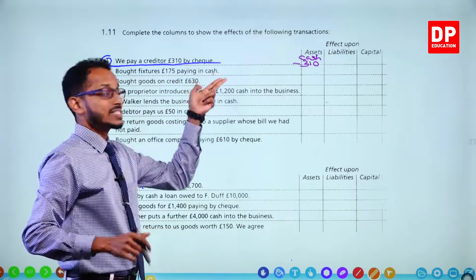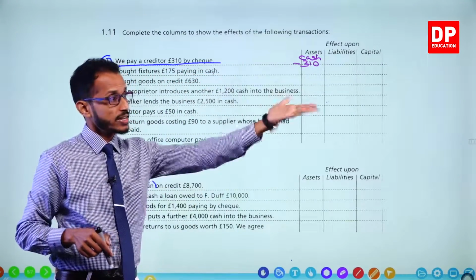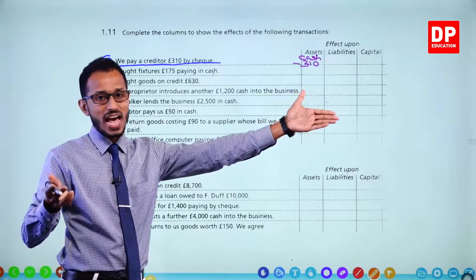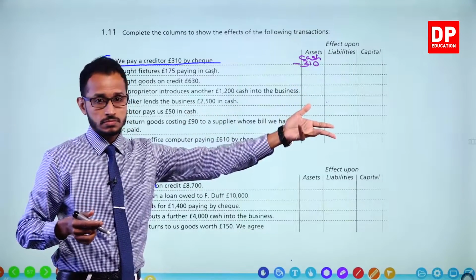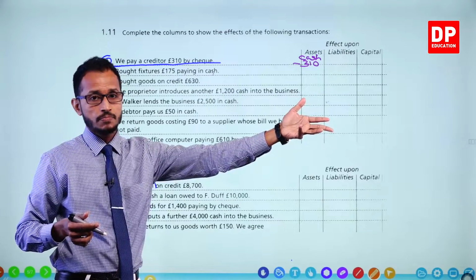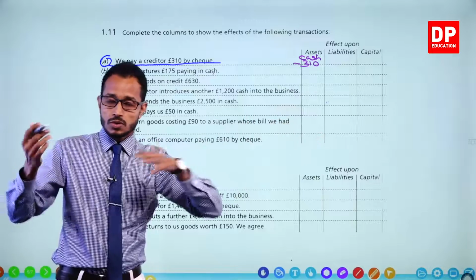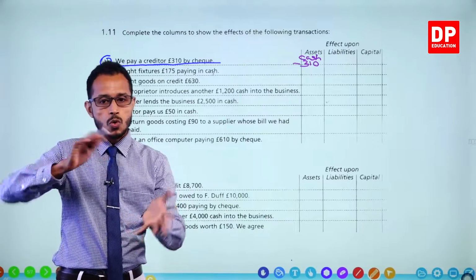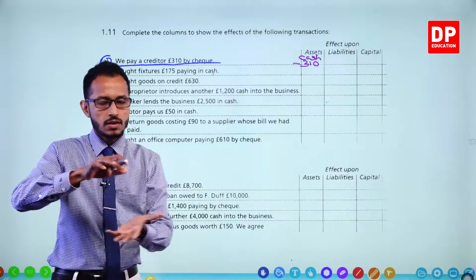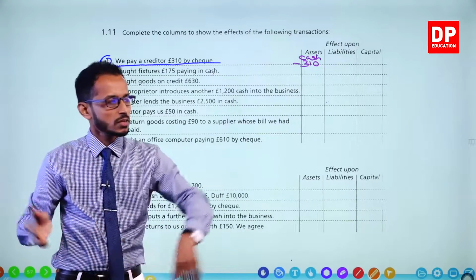But because it's a creditor, children, creditors are people or suppliers that we are owing. Because it's a creditor, it's a liability. The business is owing for the goods we bought. We haven't paid.